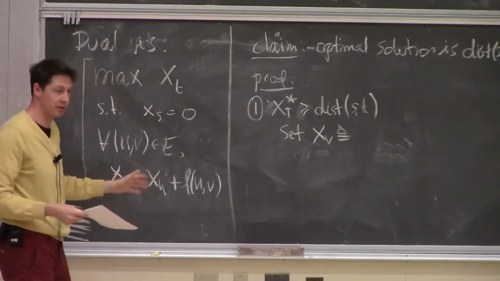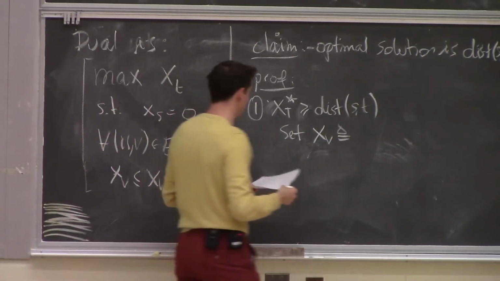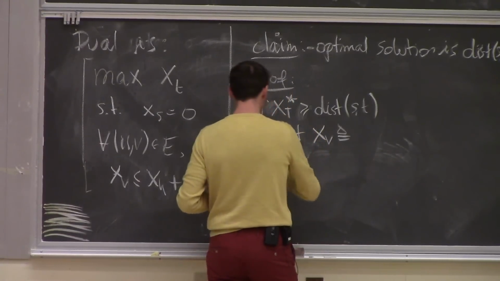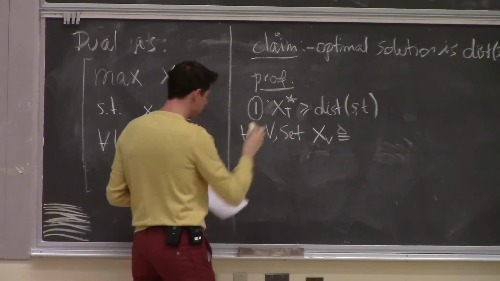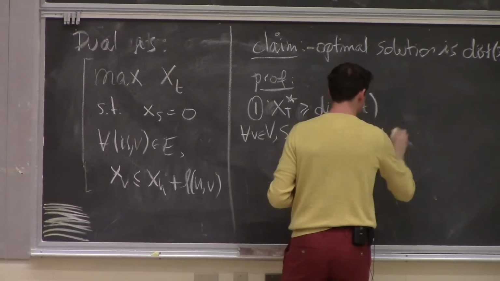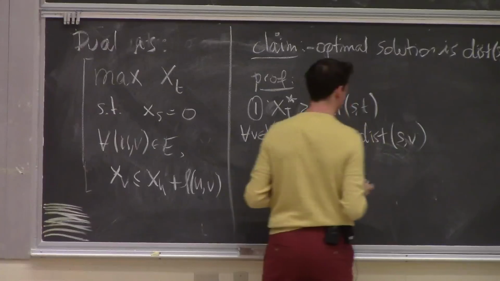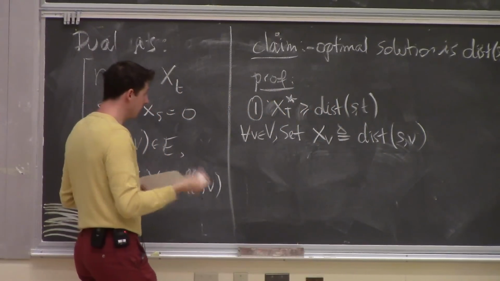I have to set all variables and make sure that it is feasible, right? I can't just set xt to be something. So for every vertex v in the graph, we're going to set xv to be the distance from S to v, okay? Now, let's notice two things.